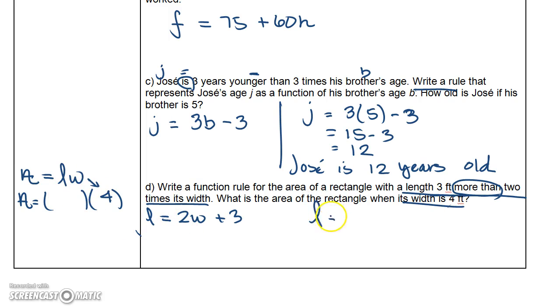Well, we're not going to plug in variables in here because we know what the W is. So it's 2 times 4 plus 3. 2 times 4 is 8, plus 3 is 11. So my area for this is going to be 44, and this was feet times more feet, so that's going to be feet squared.